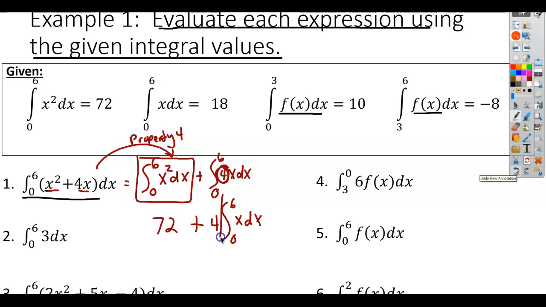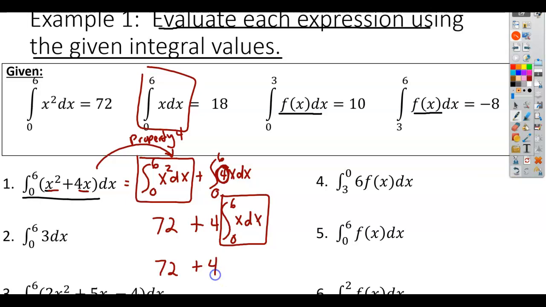Now that I've done that, I've got just this basic integral right here, which I know the value of. The value of that integral is 18. And let's label that, by the way, that's property 3. Now that I've done that, I can go ahead and calculate this.